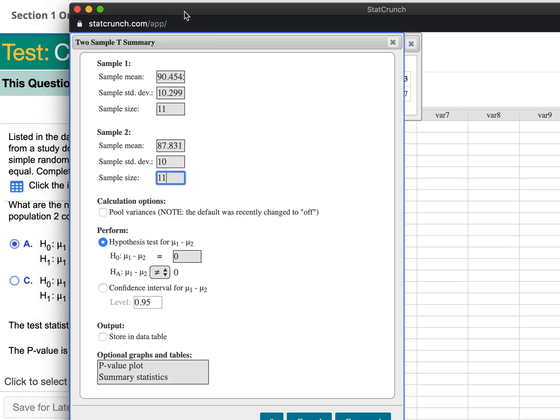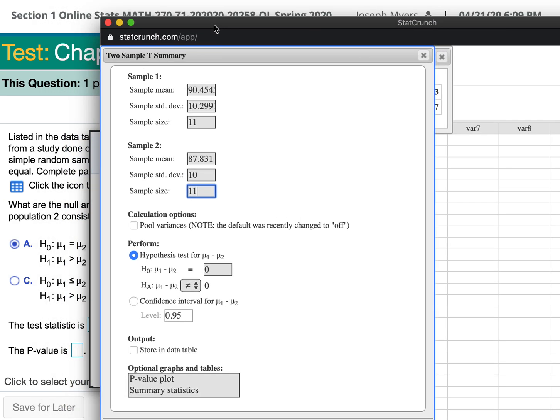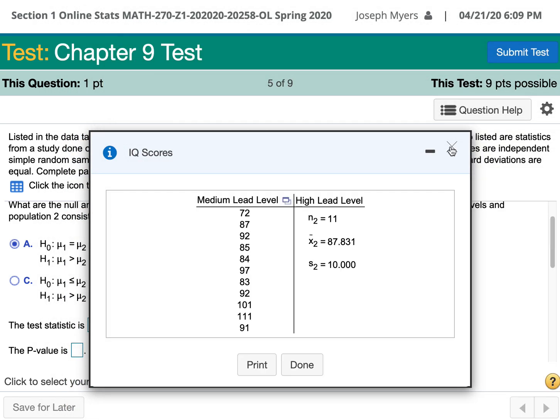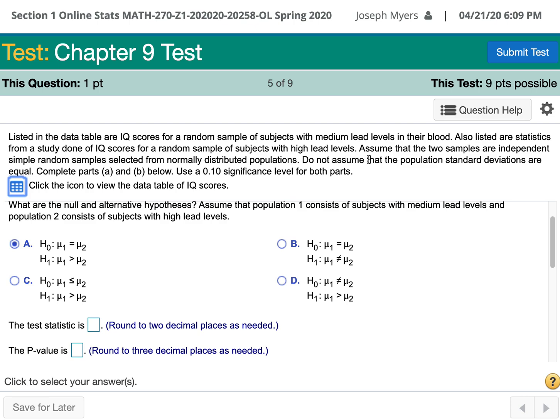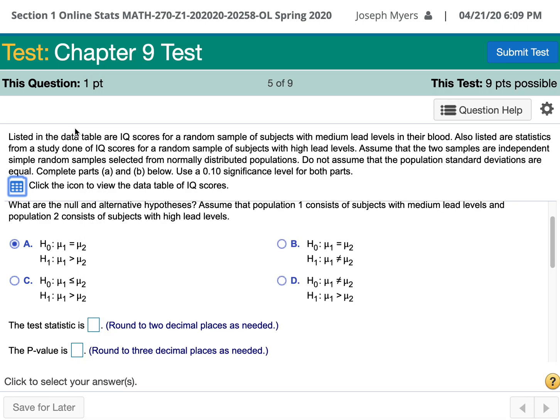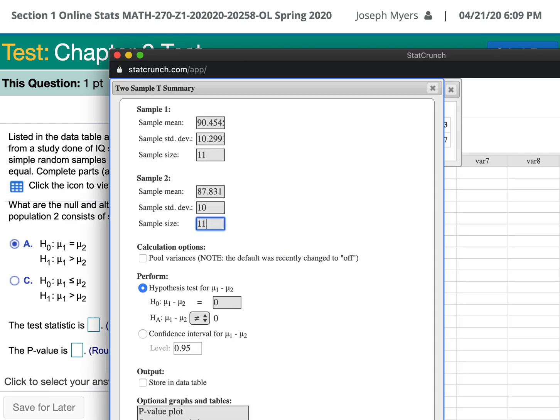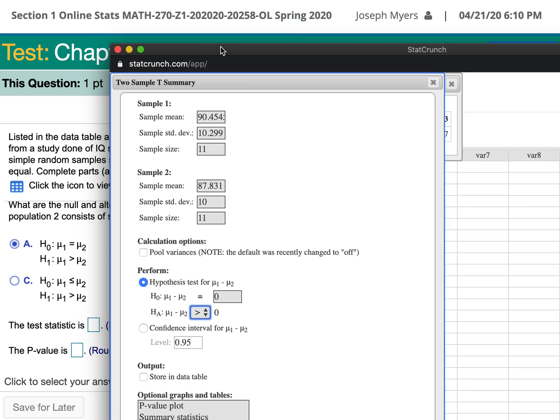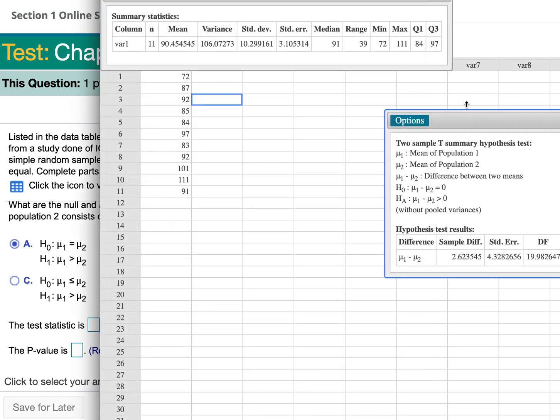So it's 2 sample T summary, and let's check something real quick. It says do not assume the population standard deviations are equal. So that means we do not check that box. And then we're testing to see if the mean 1 is greater than mean 2. So we're going to choose a greater than sign right there. Then we're going to click compute.